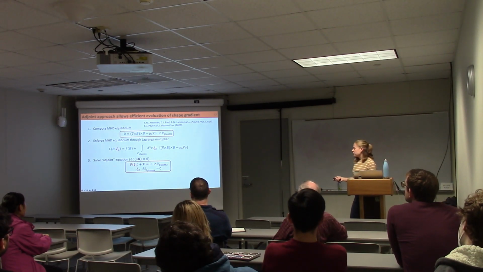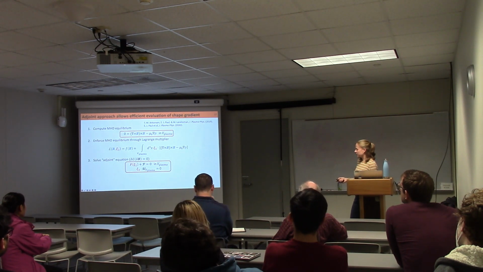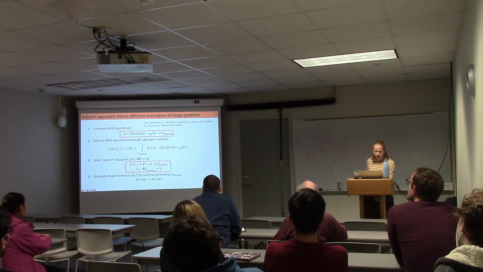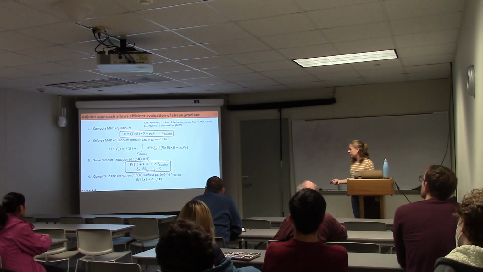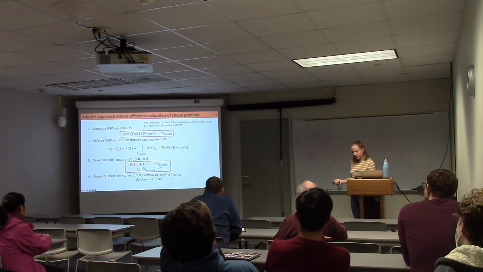So that gives us our adjoint equations. The adjoint equations generally take this form: we have a linearized force operator, some inhomogeneous term, and then a boundary condition with no displacement. Then we can compute the shape derivative of F without ever having to directly perturb the plasma boundary.